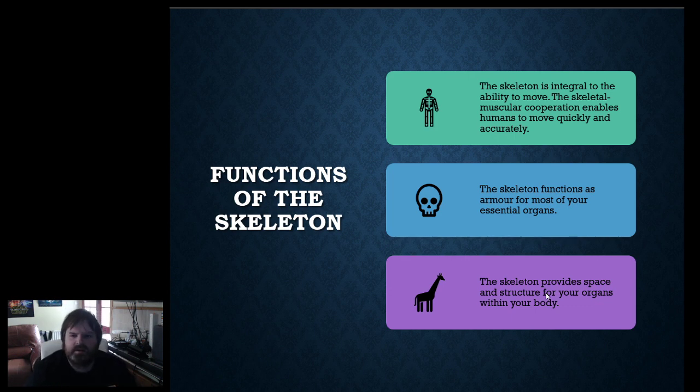Now, just about functions of the skeleton first. So what does the skeleton do for us? Well, primarily the skeleton is integral to our ability to move. Skeletal muscular cooperation enables humans to move quickly and accurately. If you look at animals that lack skeletons and live on land, they do not move fast.